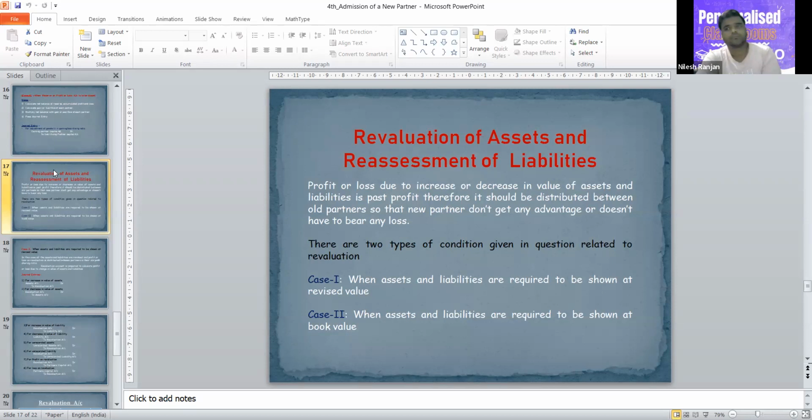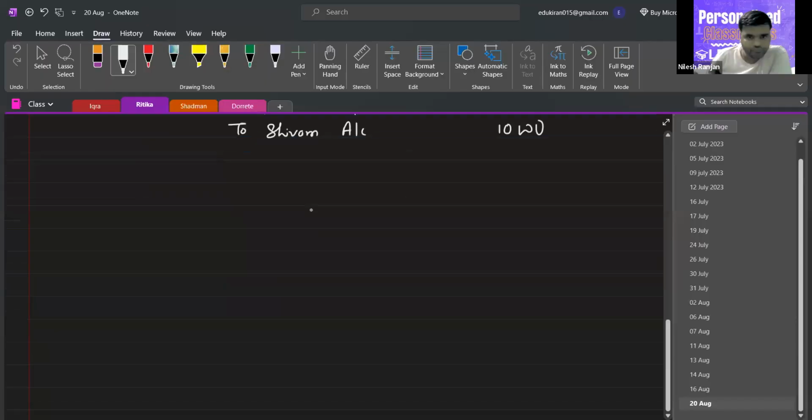To see the changes, the increase or decrease. No, actually, there are certain assets that increase and there are certain assets which decrease.